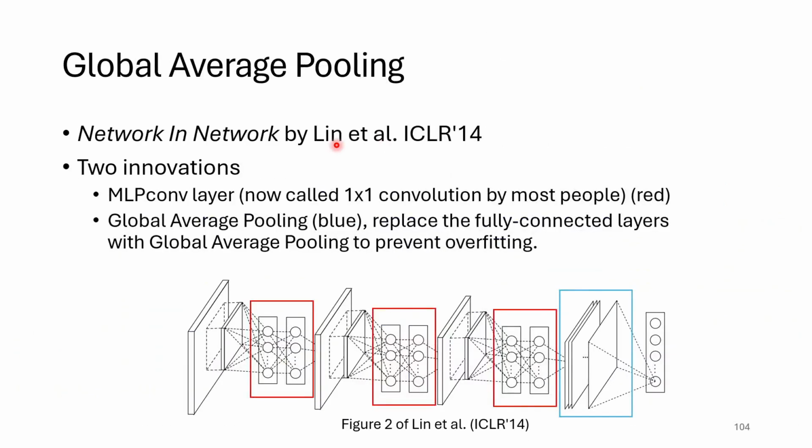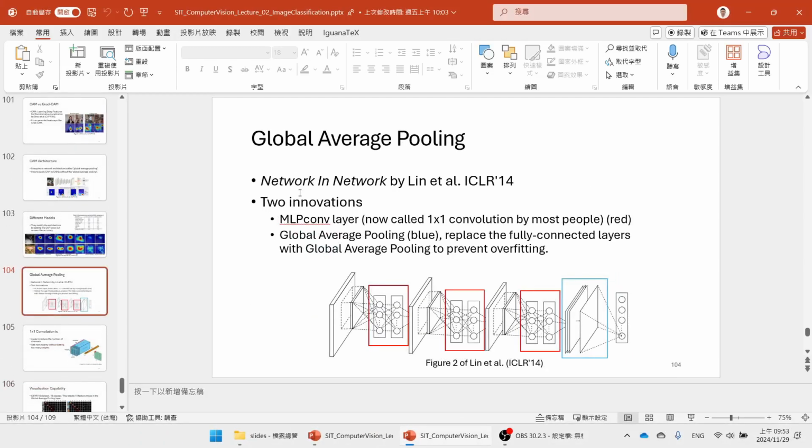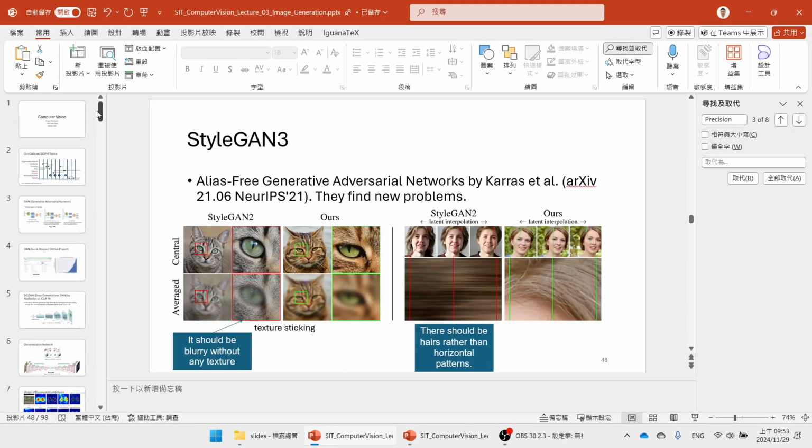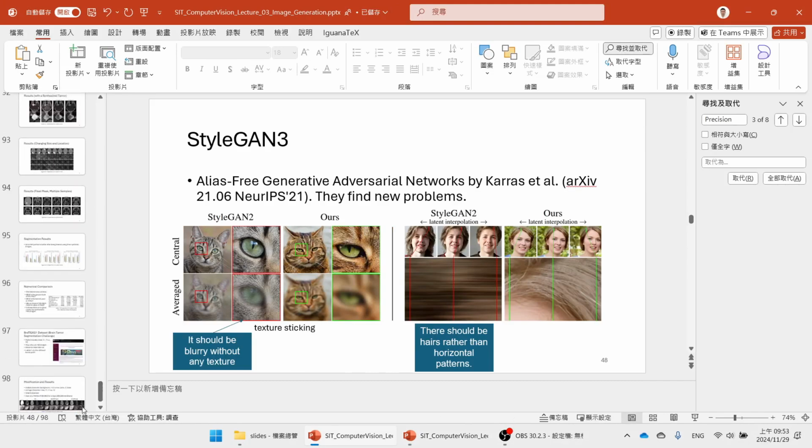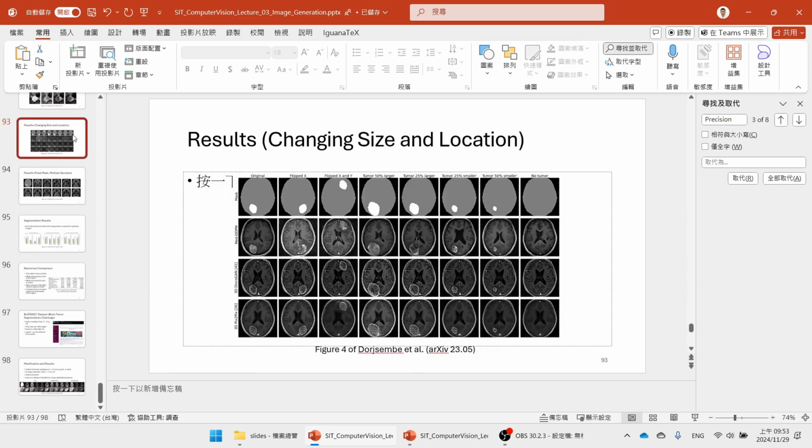All right, so this is the end of our image classification course, and I'm going to talk about image generation today. Because several weeks ago, Shenbo told me he is interested in this paper, called MedGAN.